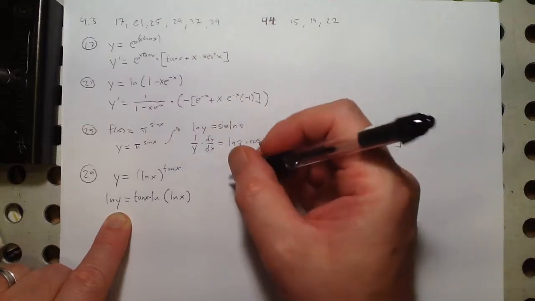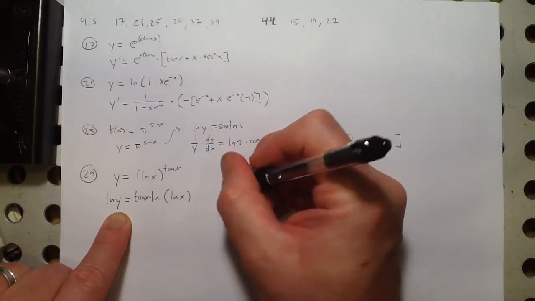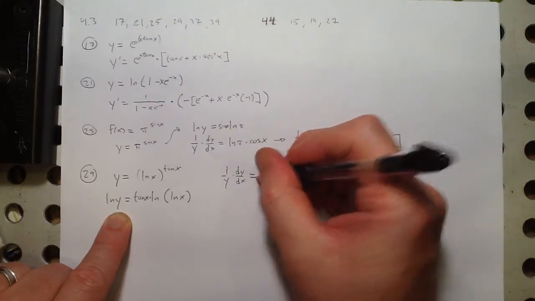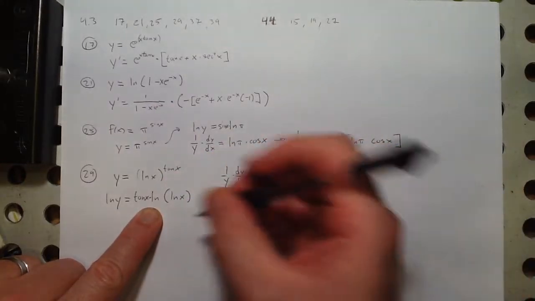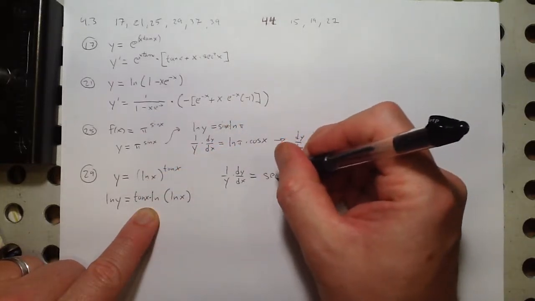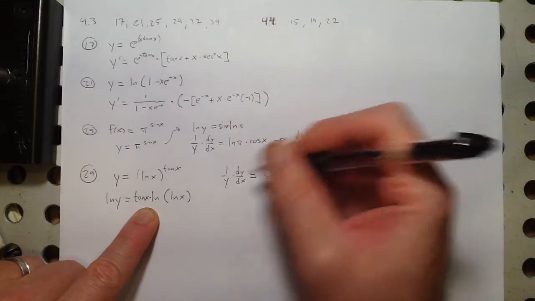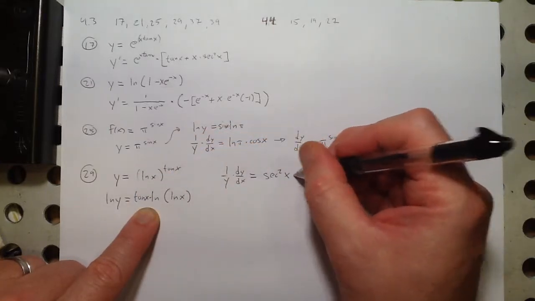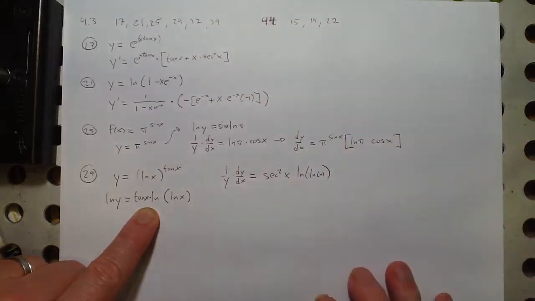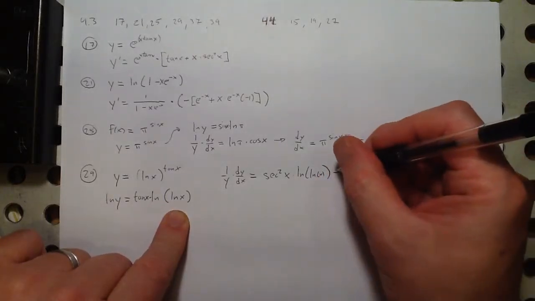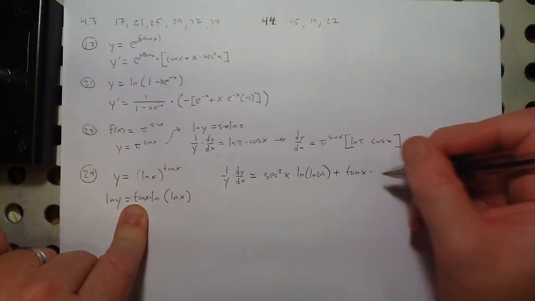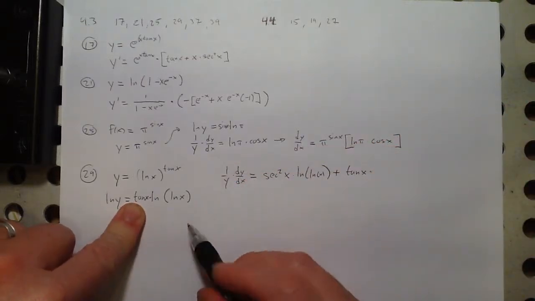So now I'm going to take the derivative of both sides. So the derivative of natural log y is 1 over y times dy dx. And I have a product here. So let's see, the derivative of the first is secant squared x times the second, plus the first times the derivative of the second.